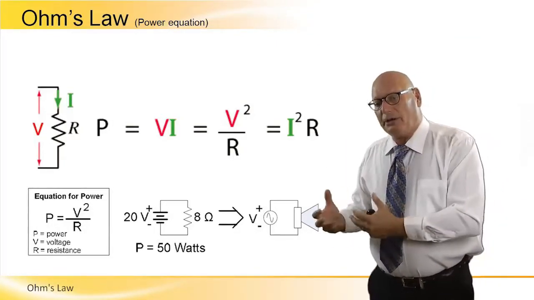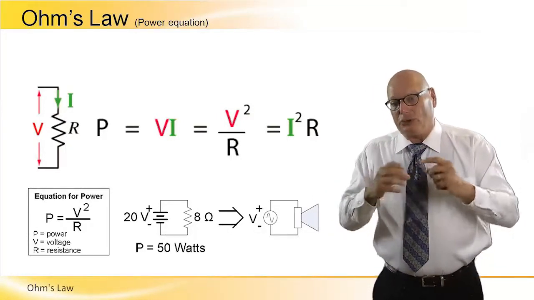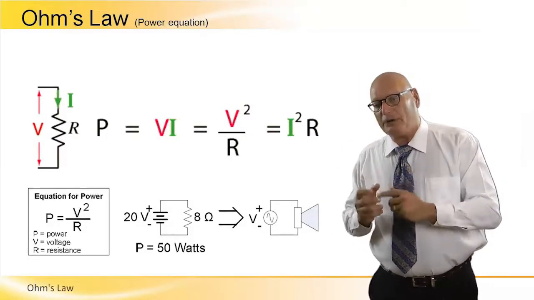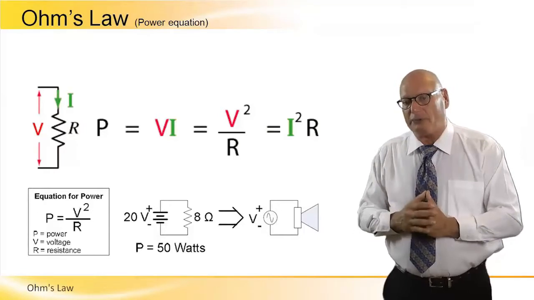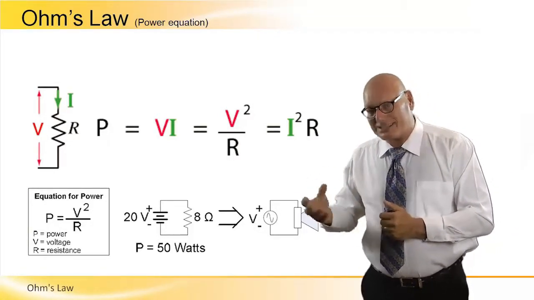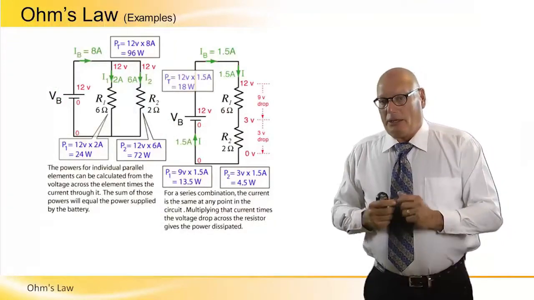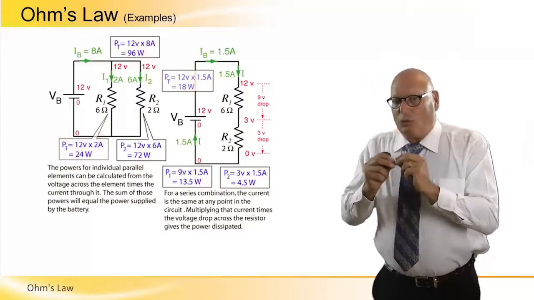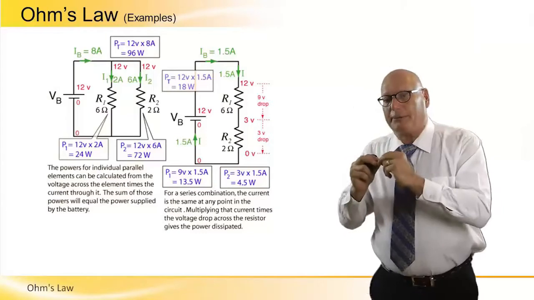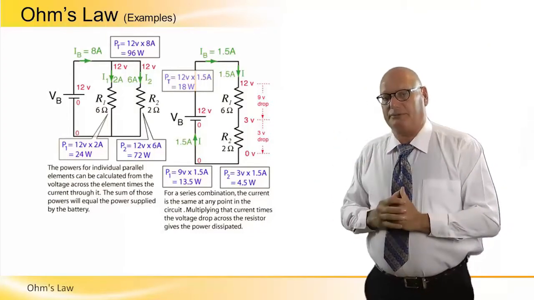The power will be 50 watts because we are using the formula V squared over R. V squared is 20 times 20 equals 400, divided by 8, P equals 50 watts. Now, when we calculate the watts, which are the units of the power, we can calculate the watts per component.